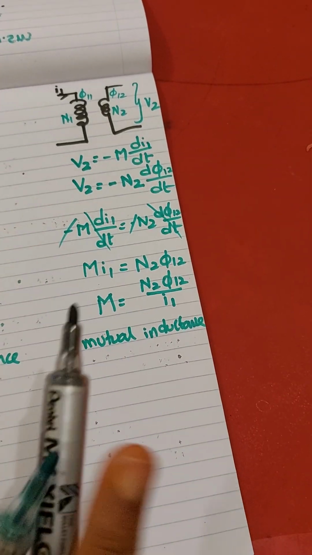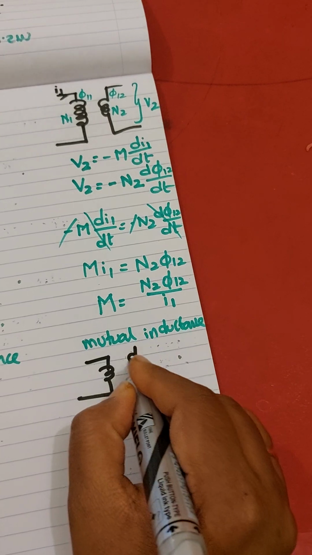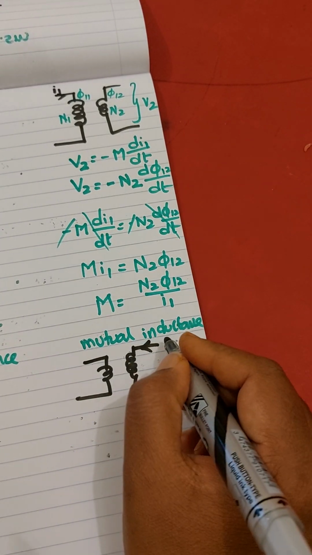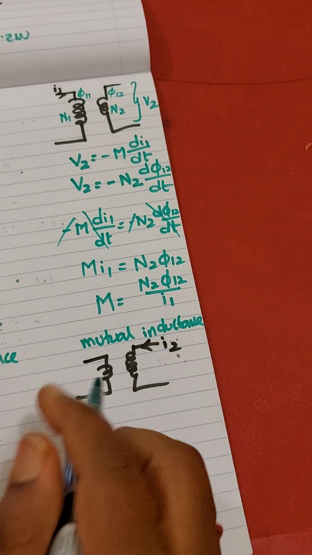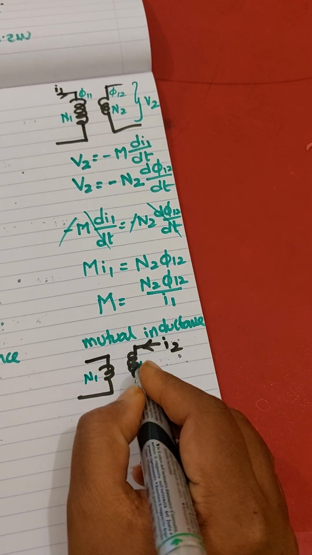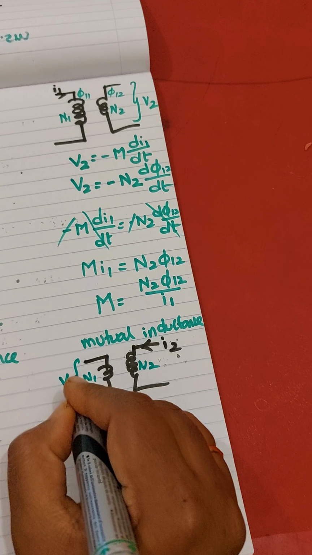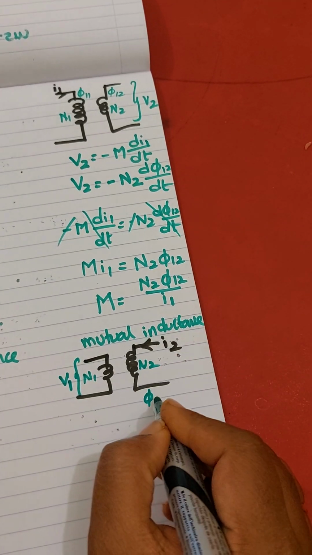Now let us take another scenario. This is one inductor and this is another inductor, another coil. Current is given in this coil, with N1 and N2 turns. Because of I2, V1 will be produced, so flux will be induced in the first coil because of the second.